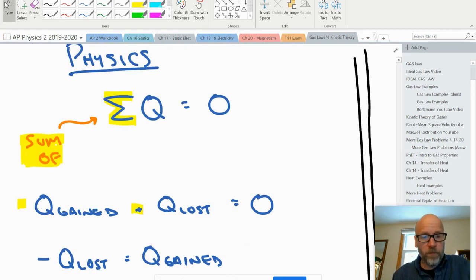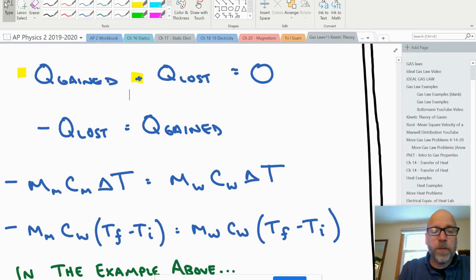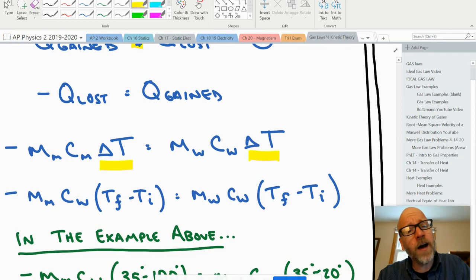Now, when I look at my formula, the mass of the metal times the specific heat of the metal times the change in temperature of the metal equals the mass of the water times the specific heat of the water times the change in temperature of the water. When you do change in temperature, or change in anything in physics, it's always going to be the final minus the initial.